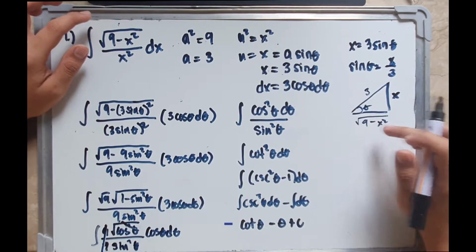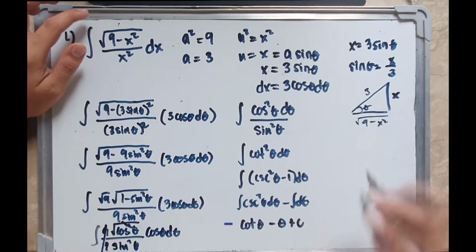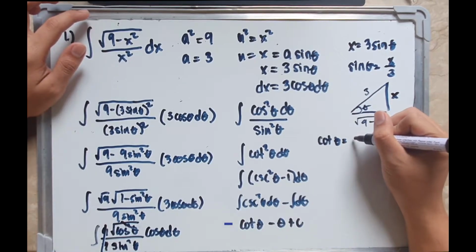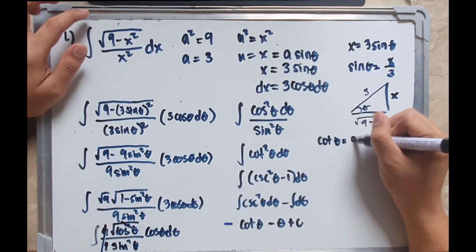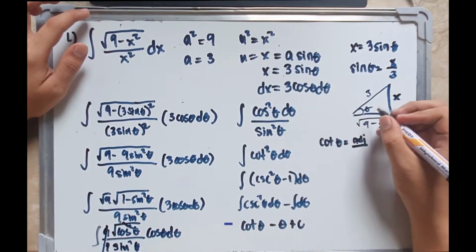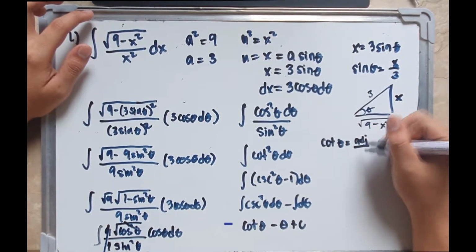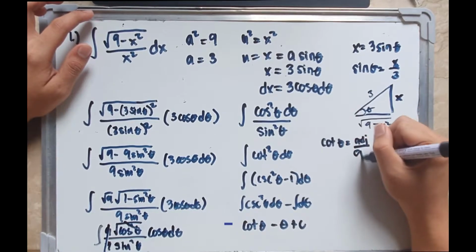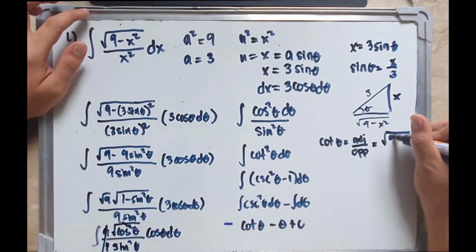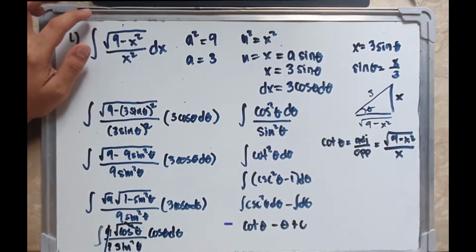Now let's begin with the value of cotangent theta. Cotangent theta, we all know, is the inverse of the tangent. If the tangent is opposite over adjacent, this one is adjacent over opposite. What is the adjacent? We have the square root of 9 minus x squared. What is the opposite? We have x. How about the theta?